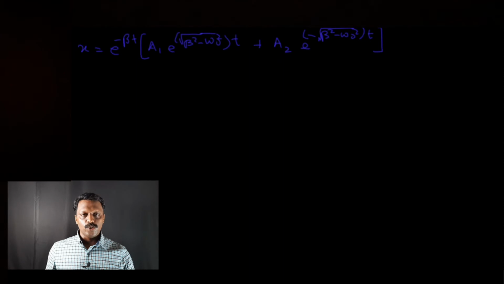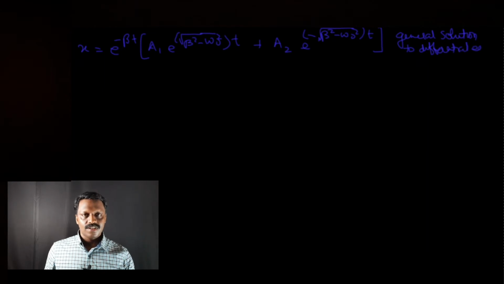Since the general solution contains beta and omega naught, beta being the damping coefficient of the medium, which is b by 2m, it depends upon the oscillator as well as the medium. Omega naught is the natural angular frequency that corresponds to 2 pi times the natural frequency, and natural frequency is the frequency with which an oscillator oscillates in undamped conditions.